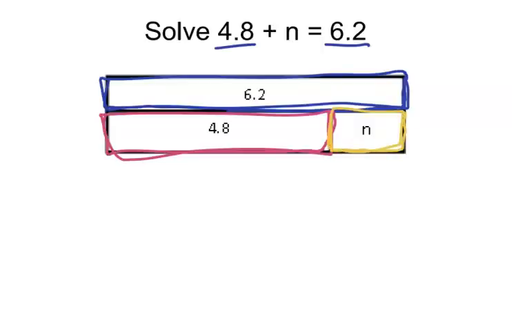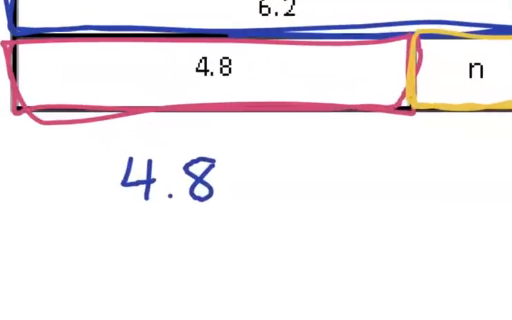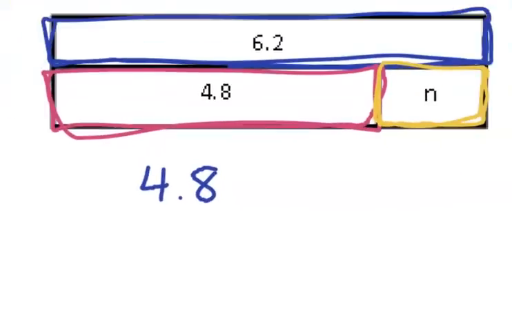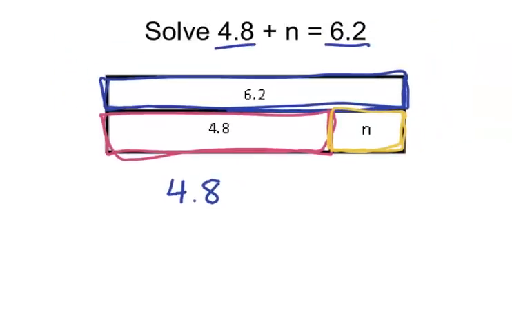All right, so since I was just going through and showing you how to solve for variables, let's go ahead and do it real quick for this one. We have 4.8 plus n is equal to 6.2.